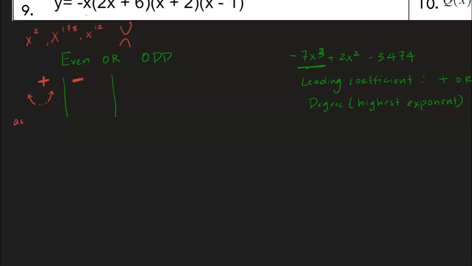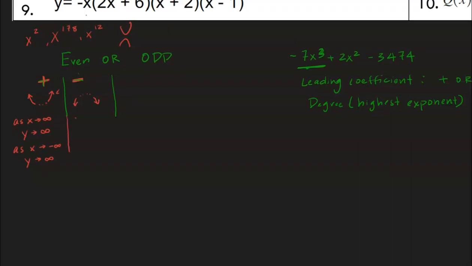So as x approaches positive infinity, right here, y approaches positive infinity. And as x approaches negative infinity, y approaches positive infinity. For a negative coefficient, I don't care what happens in between, but it's going to look like that.